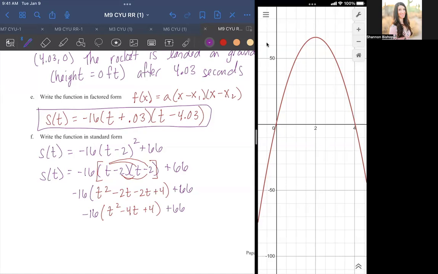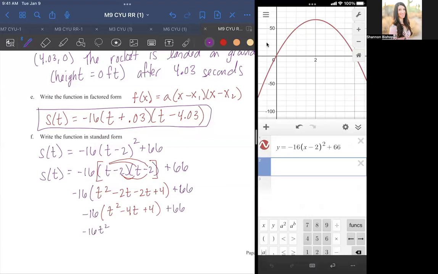Now we can distribute the negative 16. So negative 16 times t squared is negative 16t squared. Negative 16 times negative 4t is positive 64t. And then negative 16 times positive 4 is just negative 64.